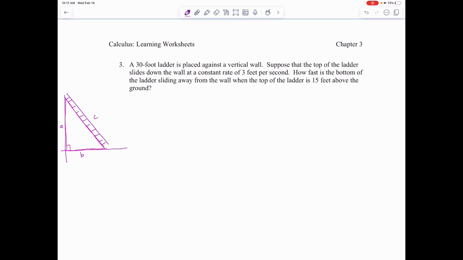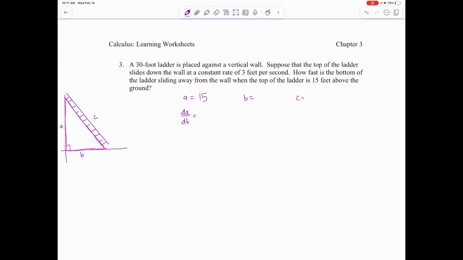So now let's determine all of our variables. A is the height of the ladder, from the floor to the top. It says 15 feet above the ground, so A is going to be 15. dA/dt is how fast the top of the ladder is sliding down, and it tells us it's sliding down the wall at a constant rate of 3 feet per second.